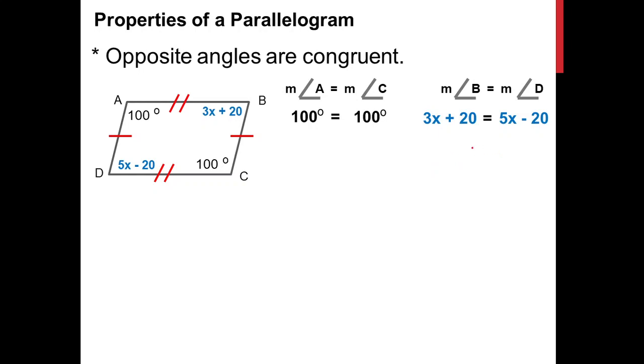Now in this case, again, we have the same target. I want to group terms with similar terms on the one side and similar terms on the other side of the equation. My target here is my left side of the equation should be the terms with the variable x, and on my right side will be the constants.